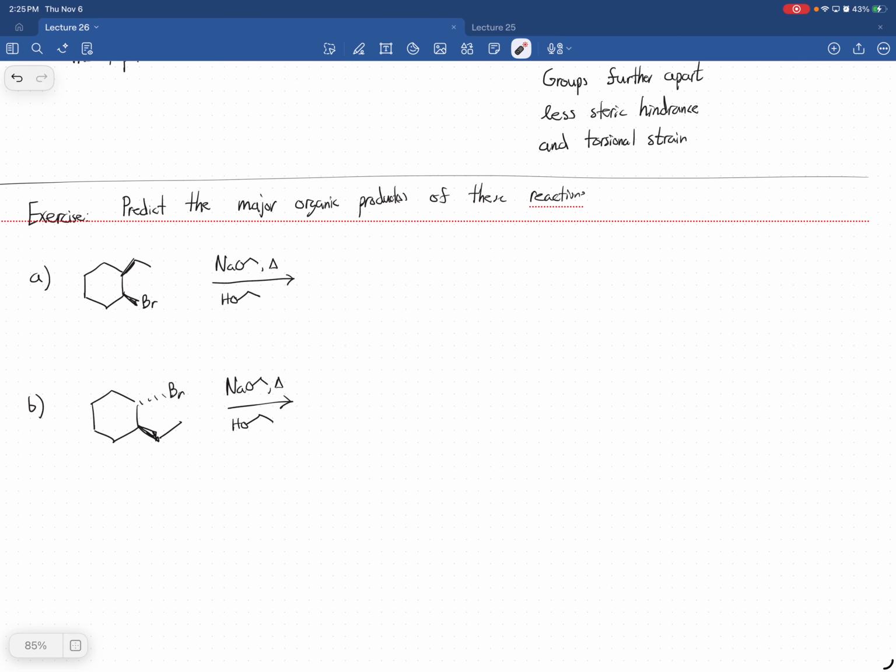Good. So you're gonna have this group there, and then like that, right? So that's our major. Is there another product that can form? What's the other product that can form?